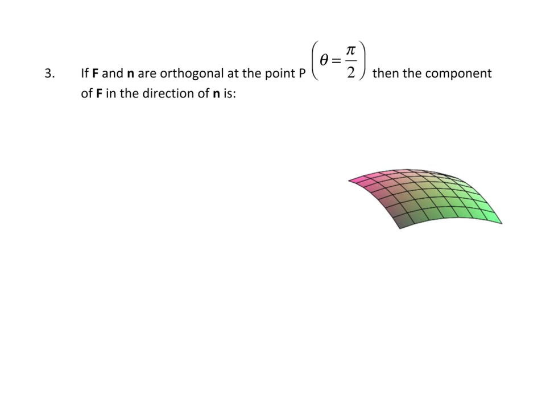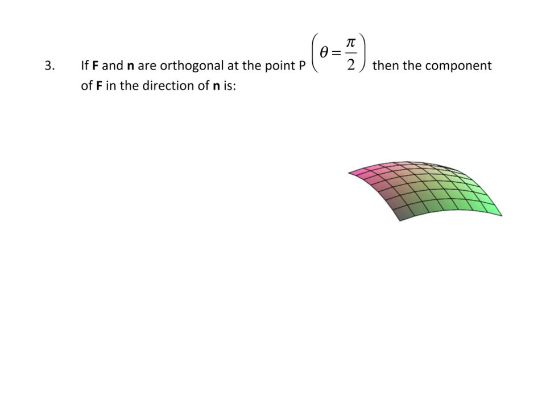The last scenario is, what if F and n are orthogonal at the point P? So the angle is pi over 2. If this is my unit normal vector, then F is perhaps like this, where this is a 90-degree angle. It could be at any angle, as long as this is 90 degrees. The point is that they're orthogonal.